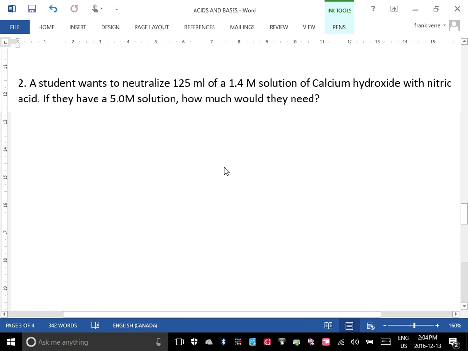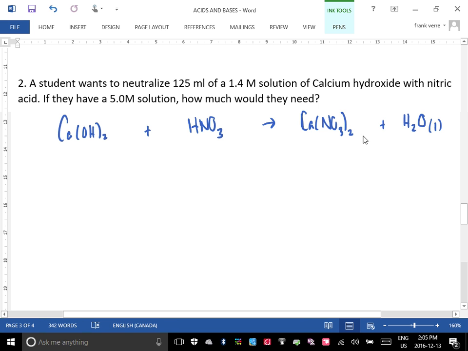Okay, last question. So we have a student who wants to neutralize a solution of calcium hydroxide with nitric acid, okay? So, same concept. First, write out the equation. So, calcium hydroxide plus nitric acid becomes calcium nitrate and water.